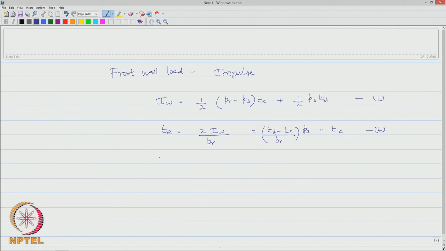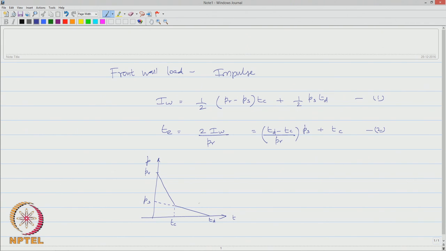So, we said that in the pressure time curve, if I say this is my PR, which has a loading feature of this nature, where this is going to be TC and this is going to be TD, and we know this is my PS.